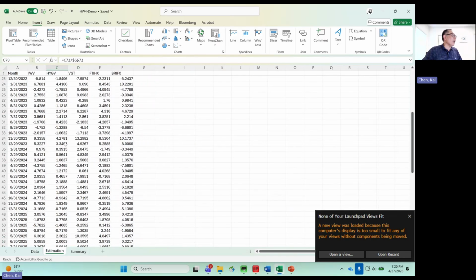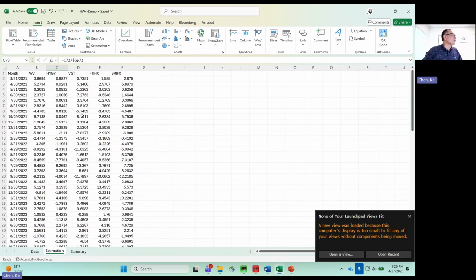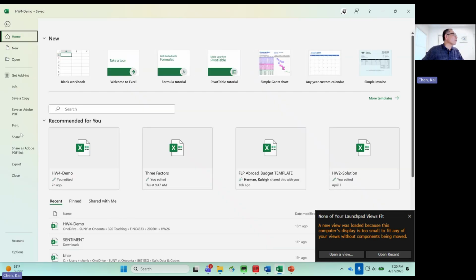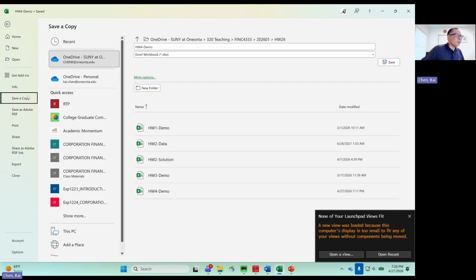In this sheet, I copy and paste this data so that I will keep it and not lose it. Because now this is the demonstration for homework 5, I'm going to save this file with another name. I save a copy to my OneDrive.